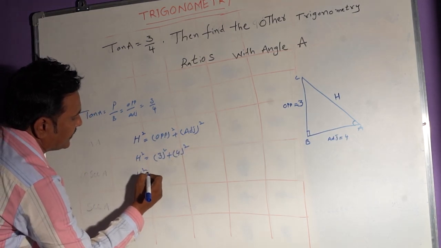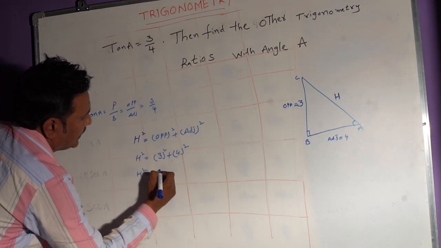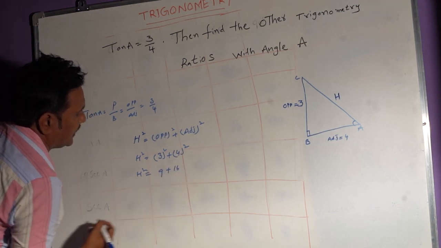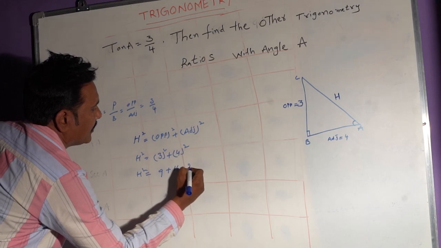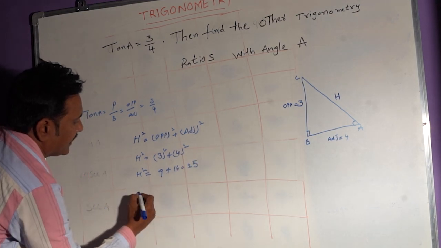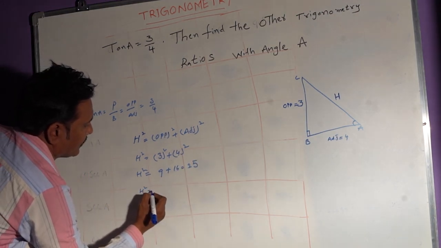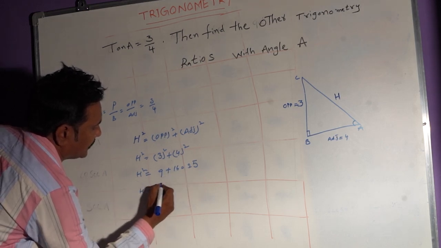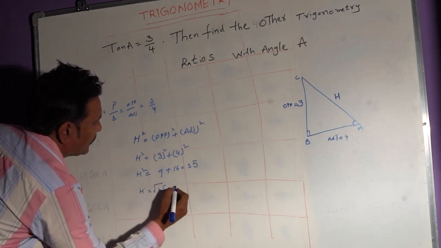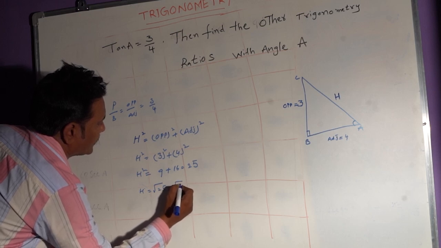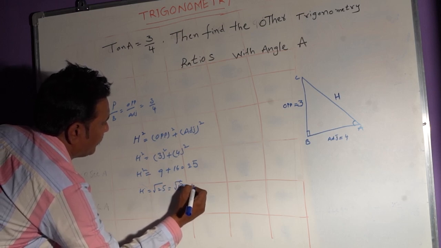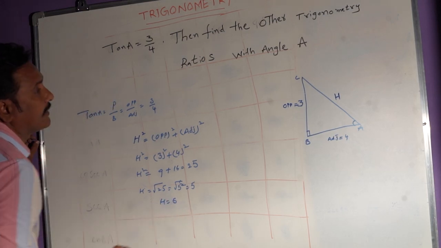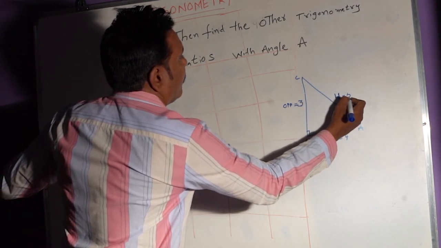Then hypotenuse square is equal to 3 square means 9 plus 4 square means 16. This is equal to 25. Then x square is equal to 25. Then x is equal to root 25. Root 25 is equal to root 5 square. Square root cancels the square, 5. Then hypotenuse is 5.